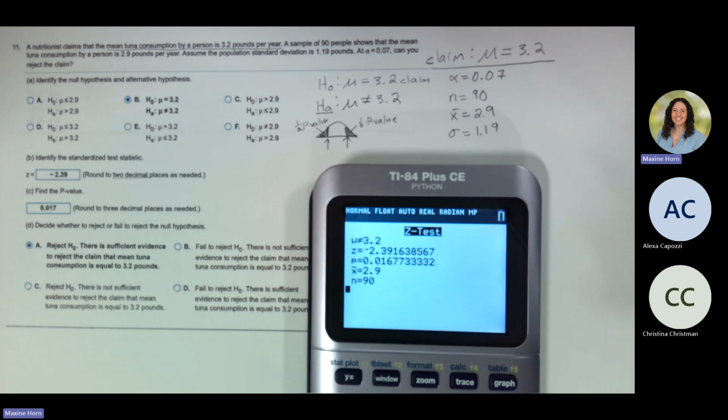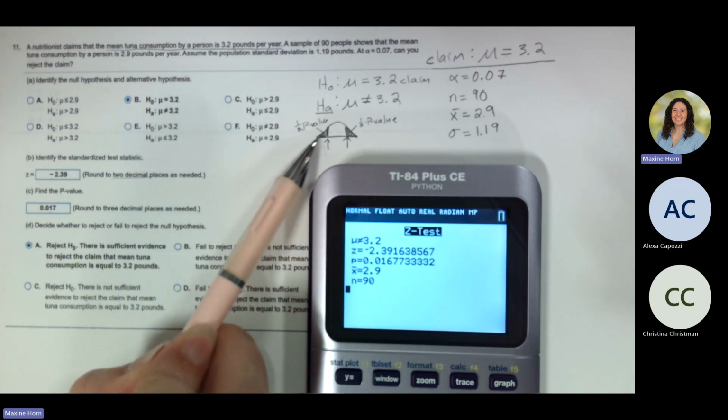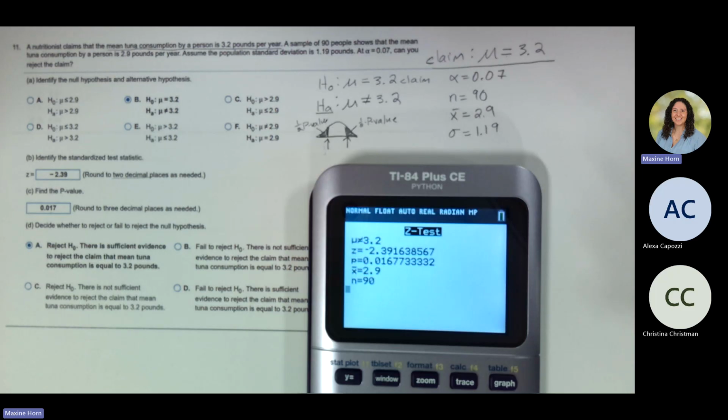0.017. Now, if you're doing this by hand, I spoke briefly about how there are multiple ways to figure out the final answer: are we rejecting the null or not rejecting the null? Comparing your p-value to your alpha, your level of significance, is the easiest way to do it. Other ways are looking at each of these individually and seeing where something falls, like, does something fall in what's called the rejection region?